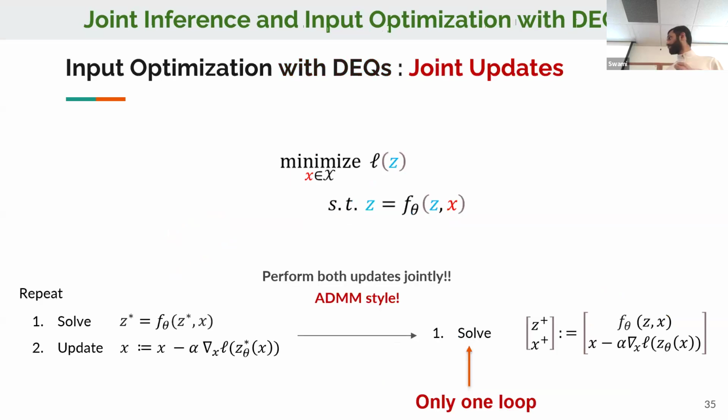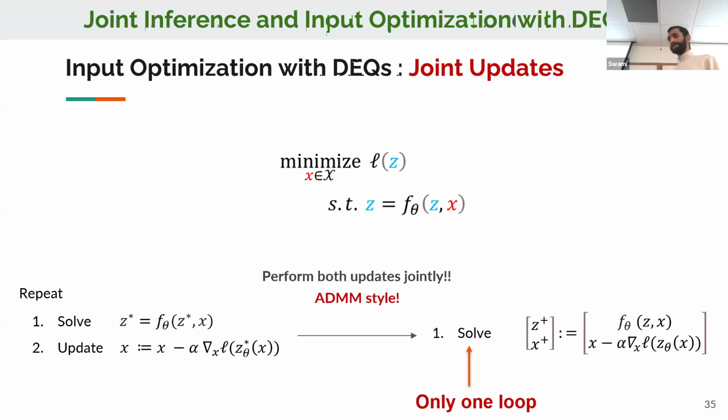And what that looks like is, instead of performing those two fixed point iterations as a bi-level problem, we can instead solve a single fixed point iteration, which means you only have to loop over a single solve. And you can define the fixed point iteration over a joint set of variables on both the network outputs as well as the gradient descent steps on the inputs.